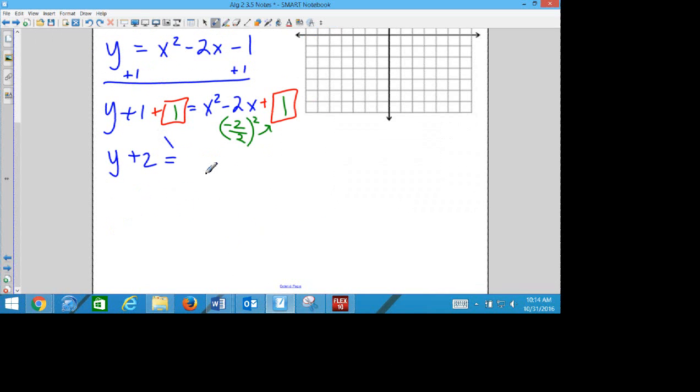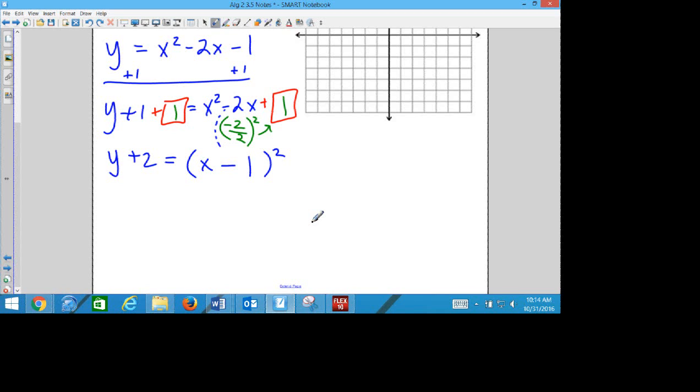So I have y plus 2, and then on the other side, we're going to factor it. x, and then remember this sign, minus, and then we do b over 2, 1, squared. This is all review from the quiz we just took, that lots of you did really well.